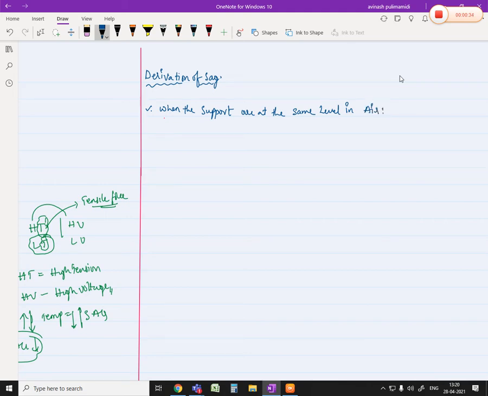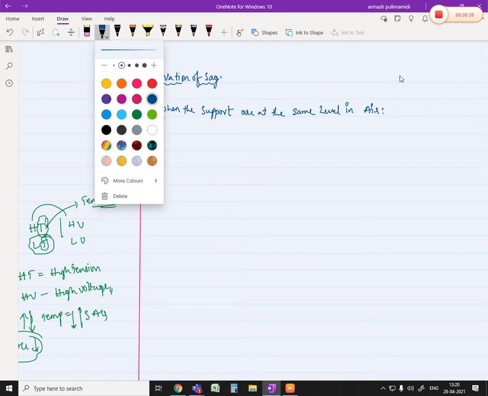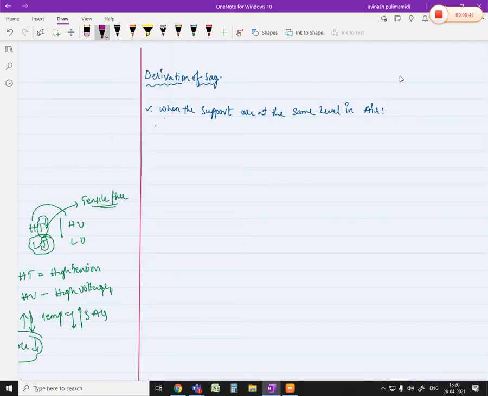Consider a point. Okay, means we will be considering a conductor.